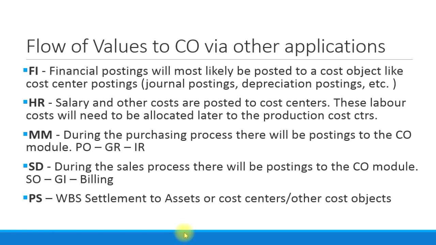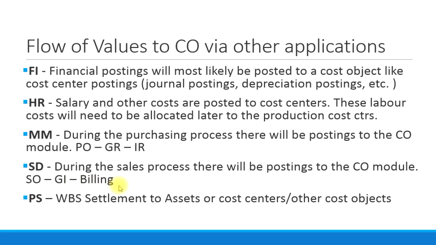Now the SD module, which is the sales and distribution module of SAP, is another logistics module. How the interaction between the SD module and the CO module happens is during the sales process. Initially you'll be creating something called a sales order, which you'll be sending to your customers. And then you'll have the process of goods issue, where you're actually going to send out the items to the customer.